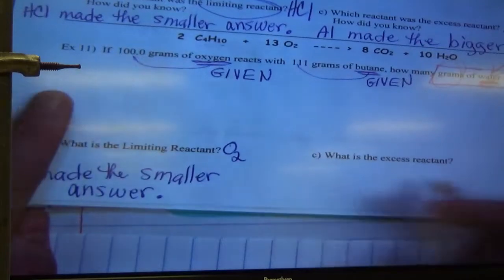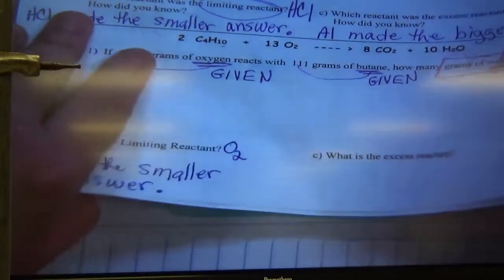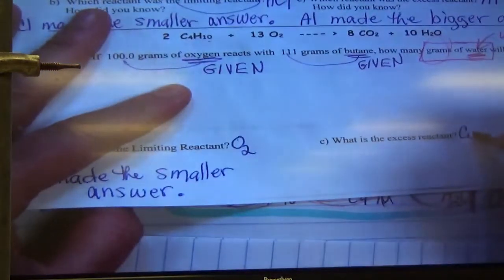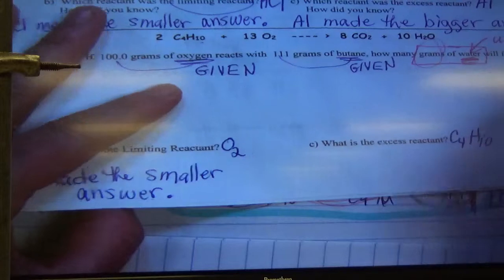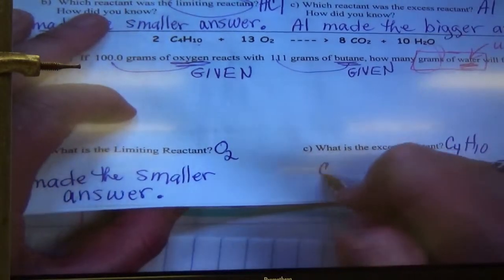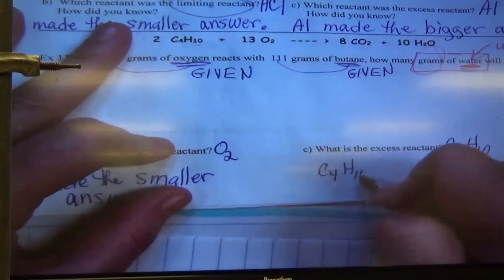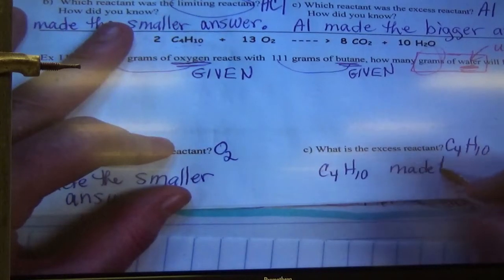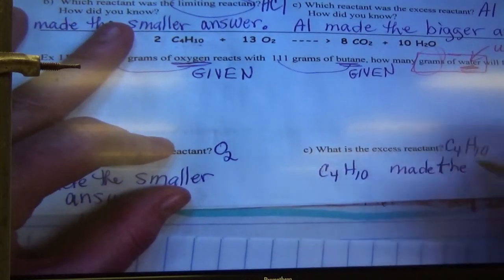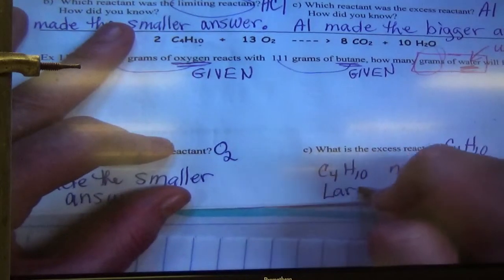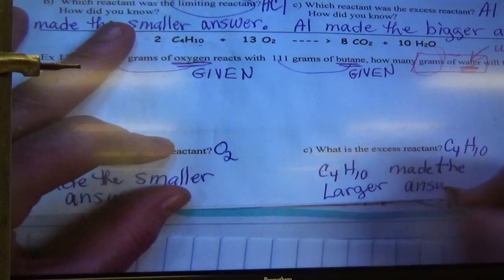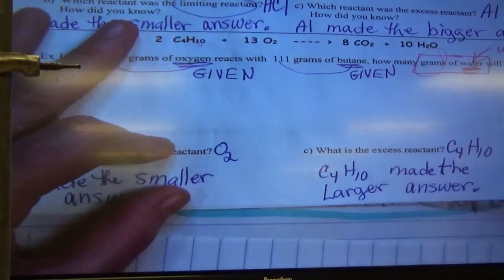What is the excess reactant? We said butane, C4H10, because C4H10 made the larger answer, right? Period. That's it.